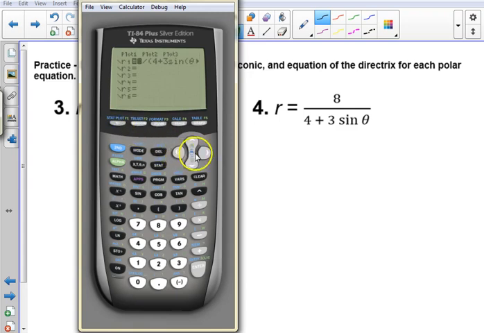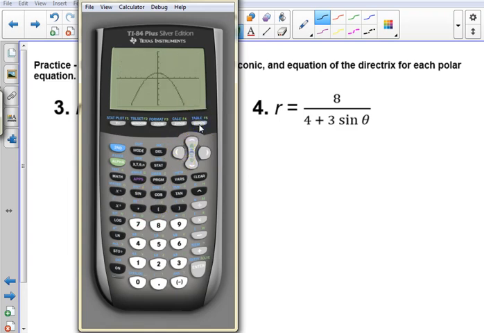So what if I just change the eccentricity on this to 1? Where's the eccentricity? Do you remember? Right, yeah, if I change that 3 in front of the sine to a 1. Oh, yeah, I have to make it a 1. Oh, I could have made it a 4, because then when I divided by 4, it would have been a 1.